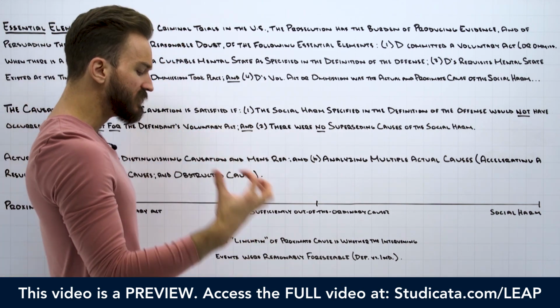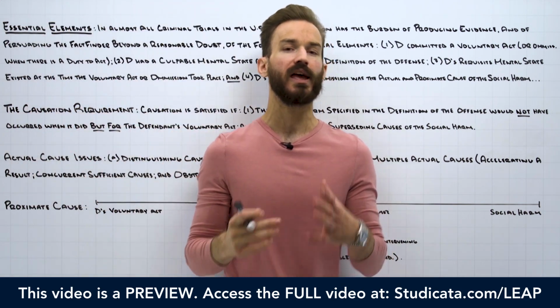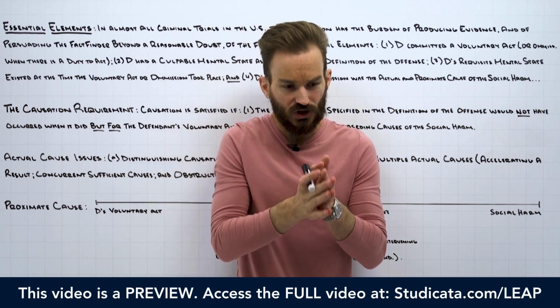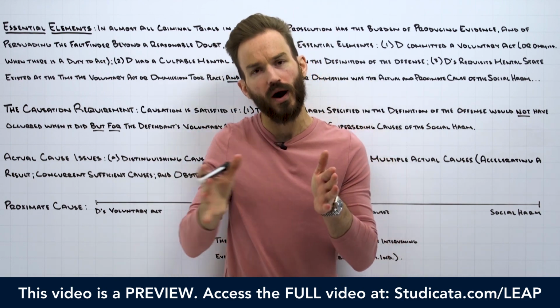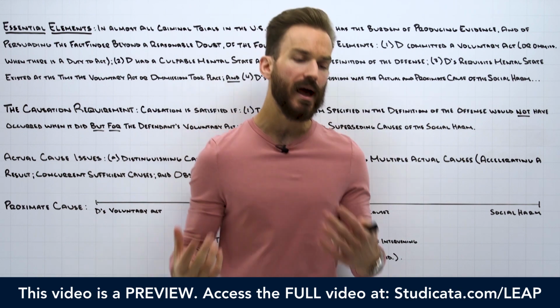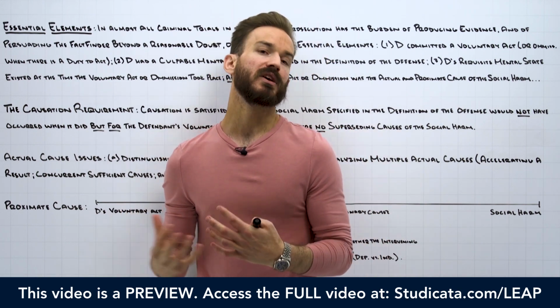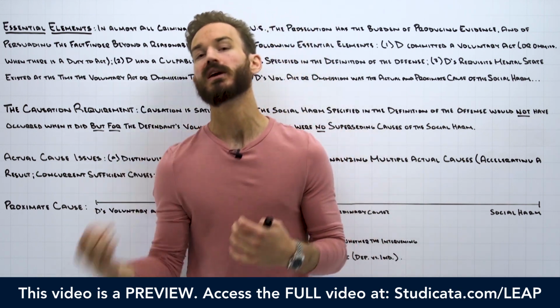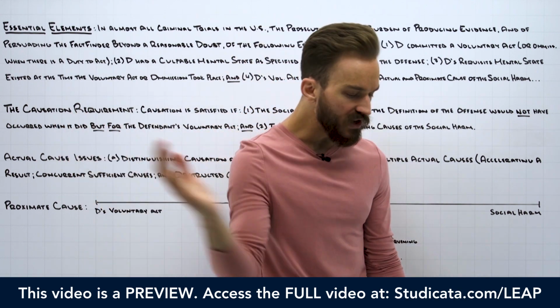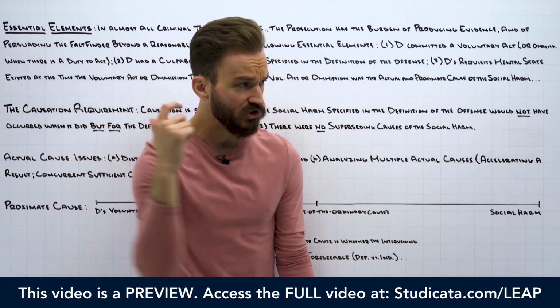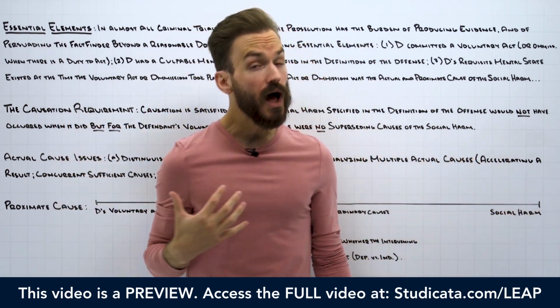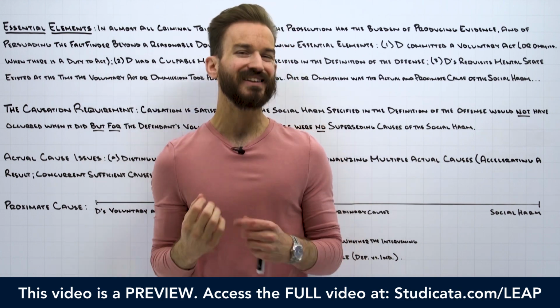So where causation can become more of an issue is when the circumstances get more attenuated. Imagine in that example that the husband doesn't die immediately. Let's say he comes home, wife pulls out the gun, shoots him, and he gets wounded, but he doesn't die.